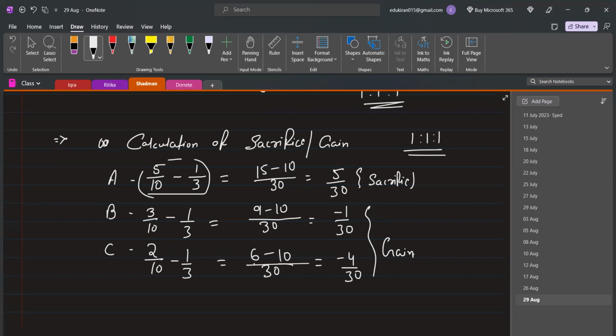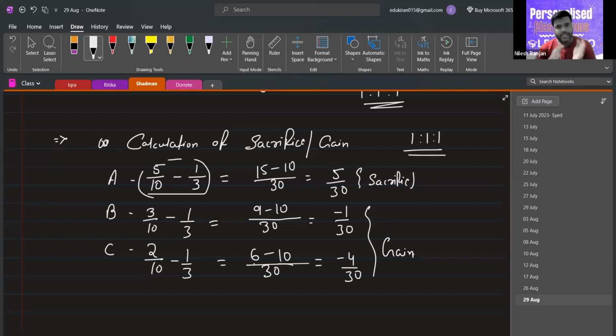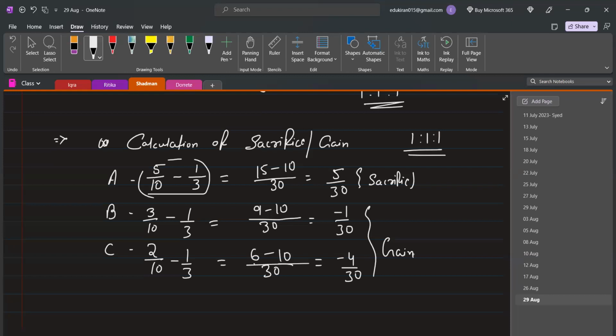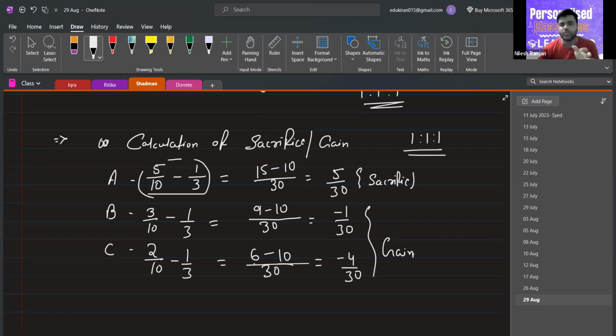So A is sacrificing, and B and C are gaining. Always remember, total sacrifice is equal to total gain, so A is equal to B plus C.